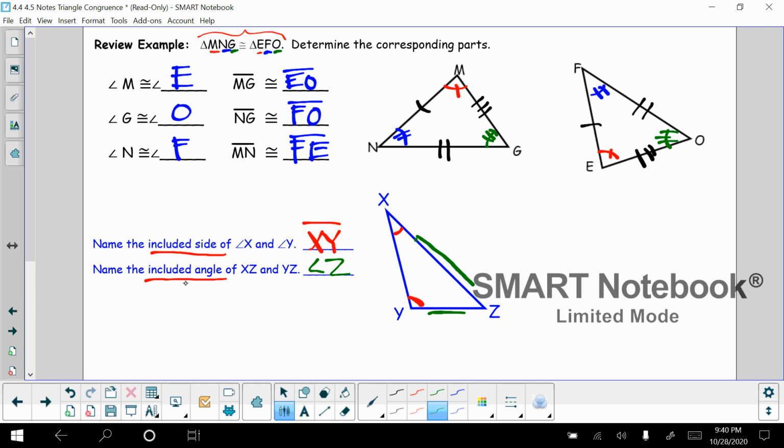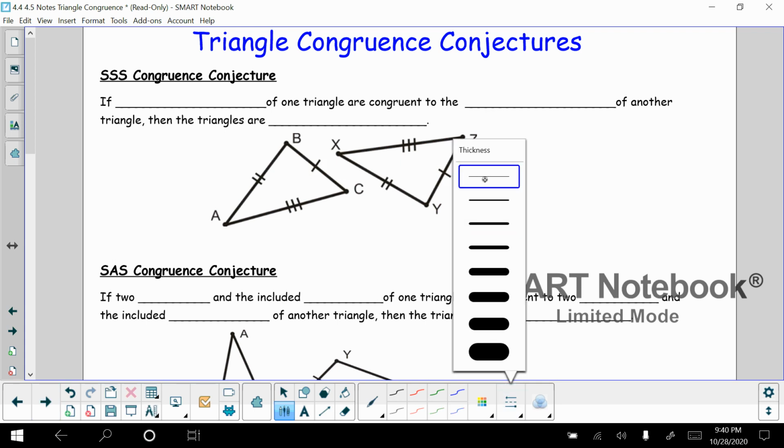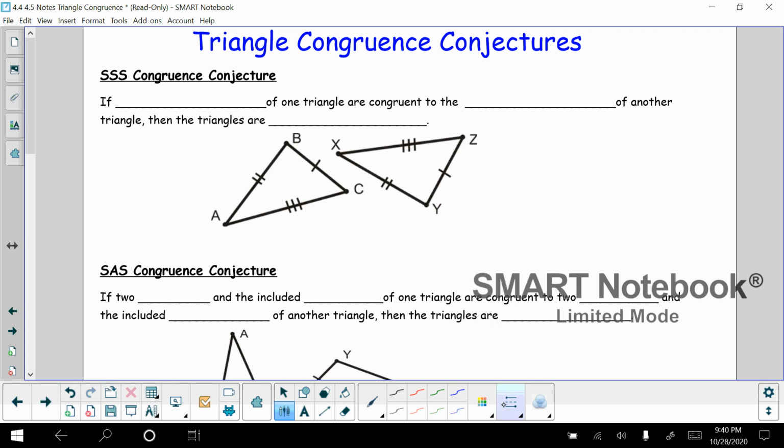So know about corresponding parts and know about the included angle and the included side. What I'm going to go over next is the 5 conjectures that prove triangles congruent. So this is what proves triangles congruent. We're going to pay attention to these conditional statements right here, and we're going to have to use these in order to see if 2 triangles are congruent.